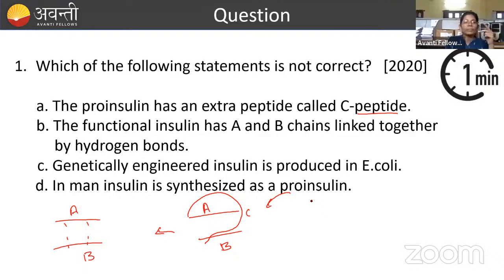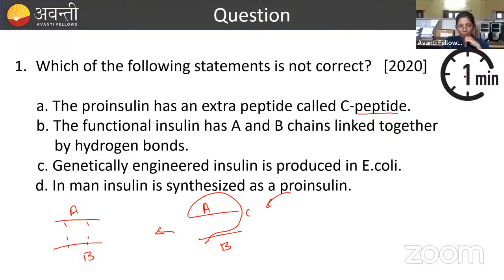Now let us talk about C and B. C statement, genetically engineered insulin is produced in the E. coli. Do you all agree? Yes. A chain and B chain separately are being synthesized in the E. coli. C is also correct. Now, B, the functional insulin has A and B chains linked together by hydrogen bonds.